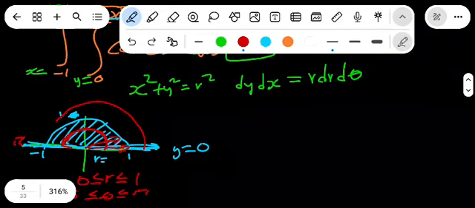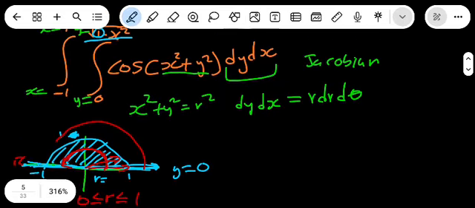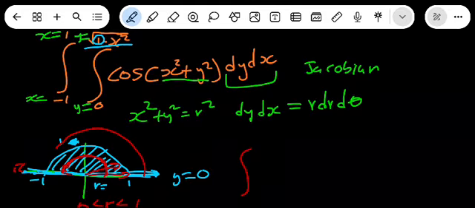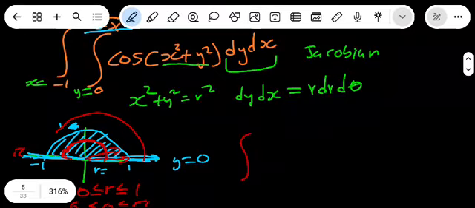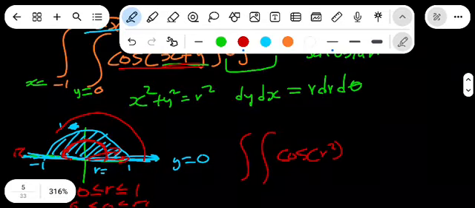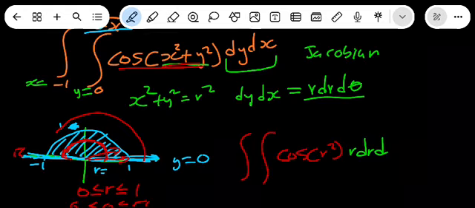All right, so we can change our integral now. The cos of x squared plus y squared will now be cos of r squared, and we have r dr dθ.